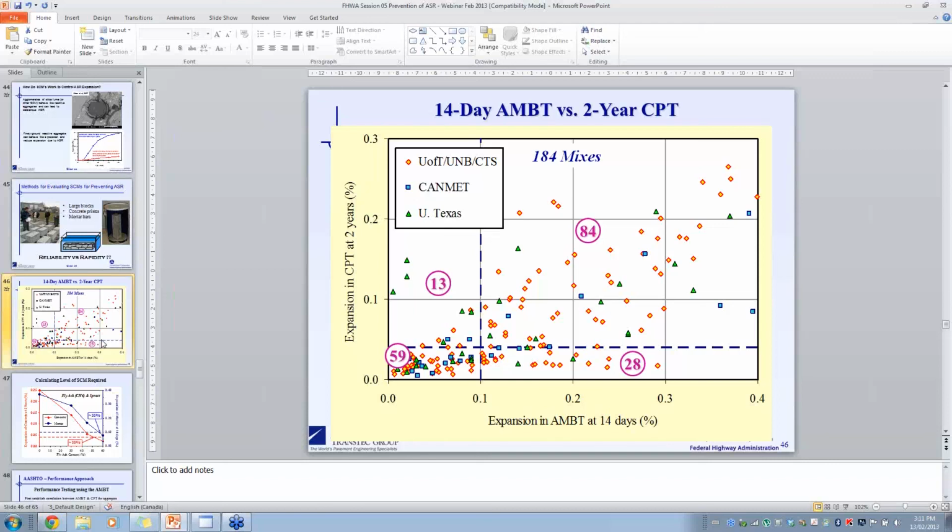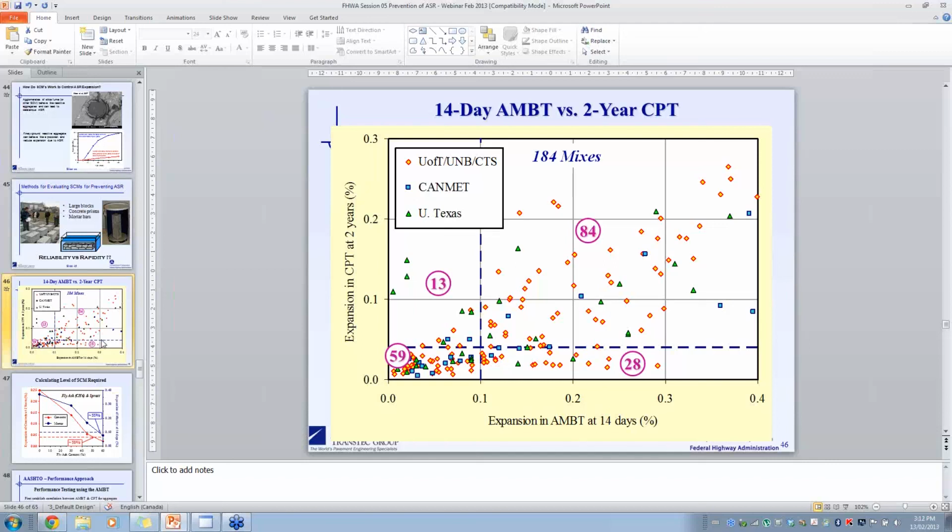Many of these are coarse aggregates. In some cases, it's a case of when you actually crush the coarse aggregate to produce a fine aggregate for the accelerated test, you're changing the texture of the aggregate, and that could have an impact. Or you may even crush the aggregate and actually lose the reactive phases.